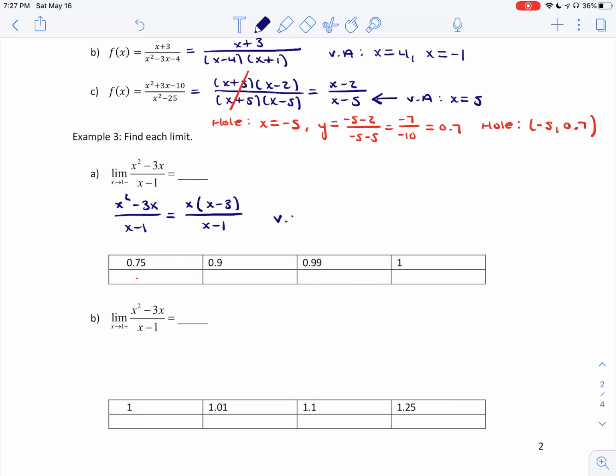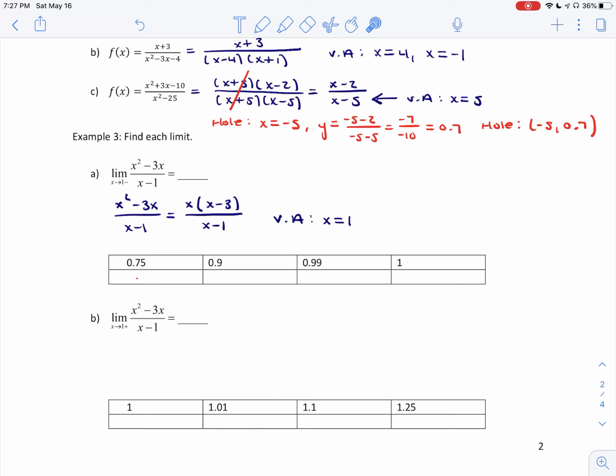So what that's telling us is that we have a vertical asymptote at x equals 1. And remember, that's the value that we're looking at here, limit as x approaches 1 from the left-hand side. Since this is a vertical asymptote, that means that this is going to be an infinite limit. So as x approaches 1, it's either going to go up toward positive infinity or down toward negative infinity.